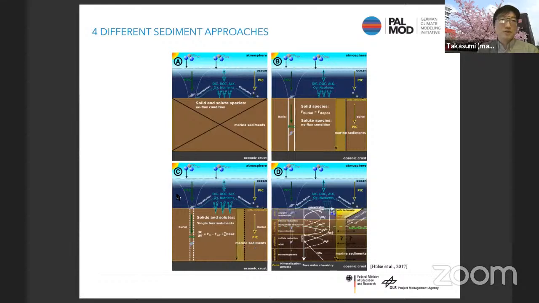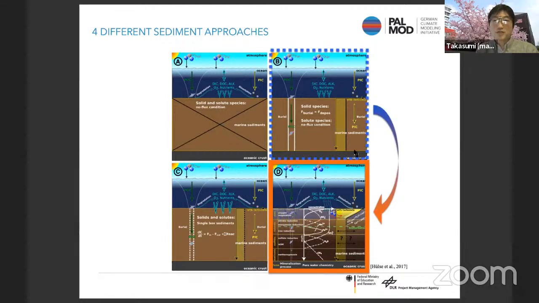This schematic diagram shows four different sediment approaches, ranging from the simplest type A to the most complex type D. I won't go deeply into this diagram today, but replacing the sediment module corresponded to changing from type B to D.